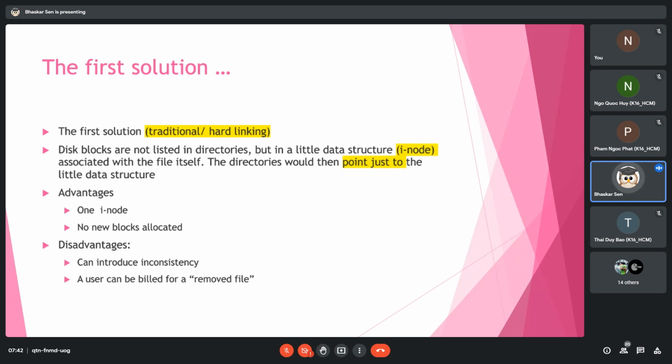So hard linking had a problem, and that is exactly the sentence that is often quoted on the exam paper: a user can be billed for the removed file. That is what they usually do.